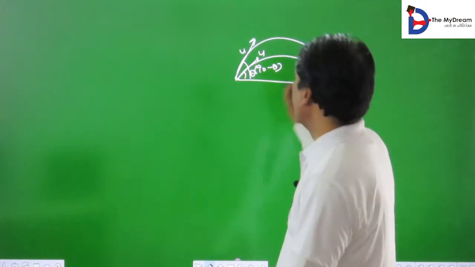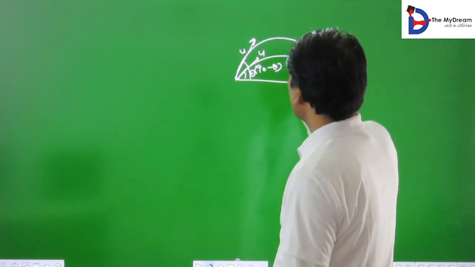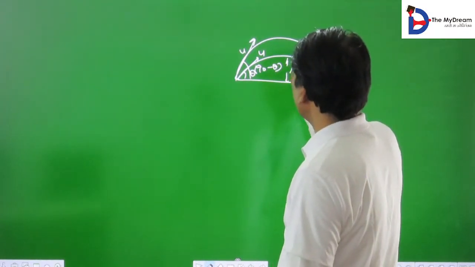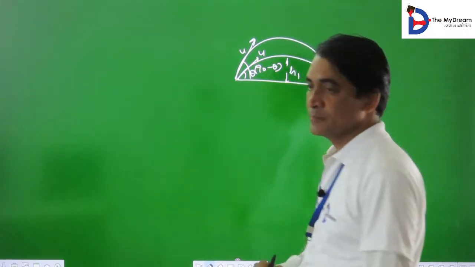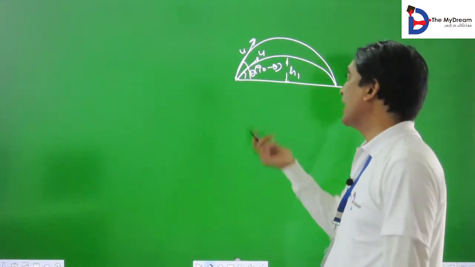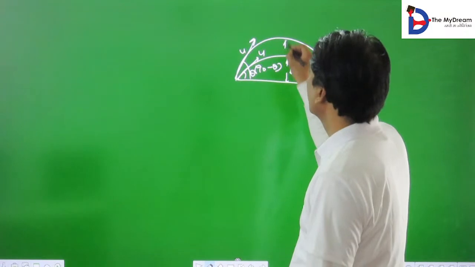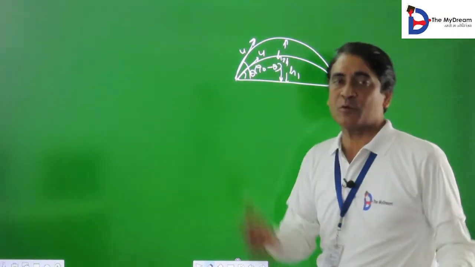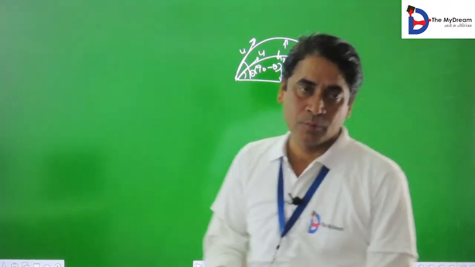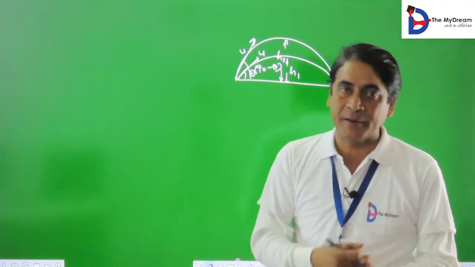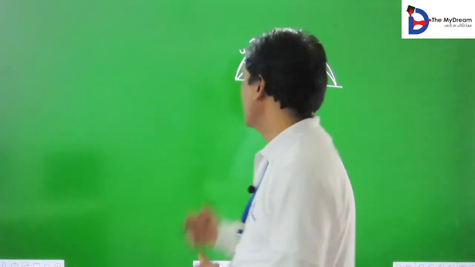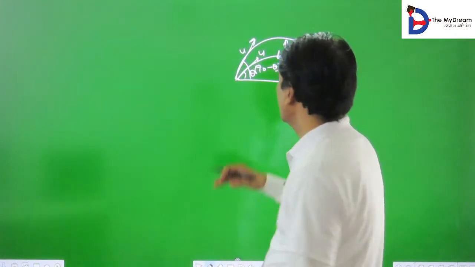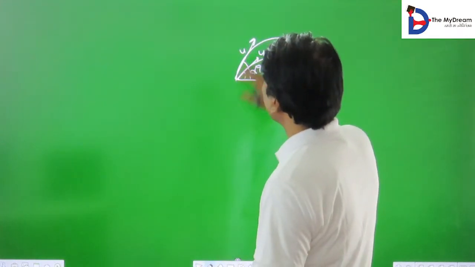Then you see both of them follow different paths and attain different heights. Let them be h1 and h2. These are the two different altitudes with different angles, although they have the same velocity.